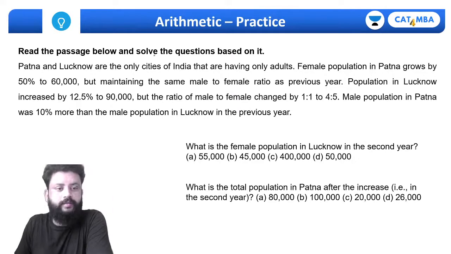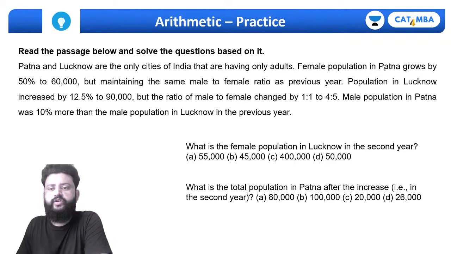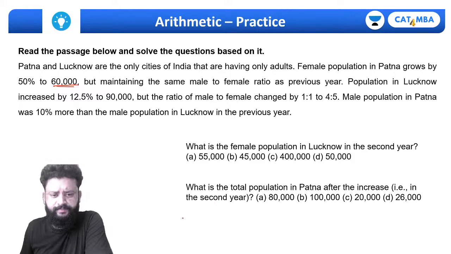Let's try for this. Patna and Lucknow are the only cities of India that are having only adults. So female population of Patna grows by 50% to 60,000. So I'll just write for Patna here.